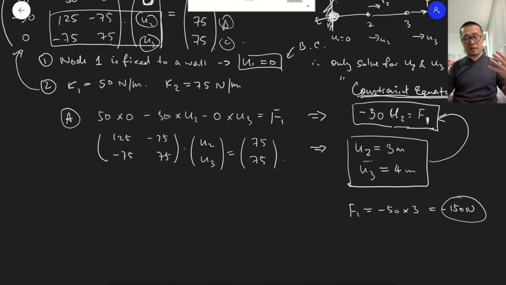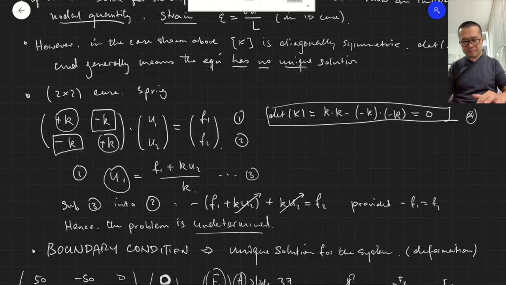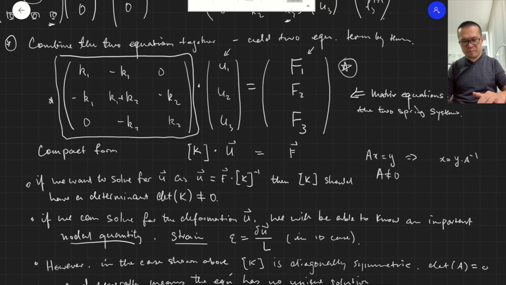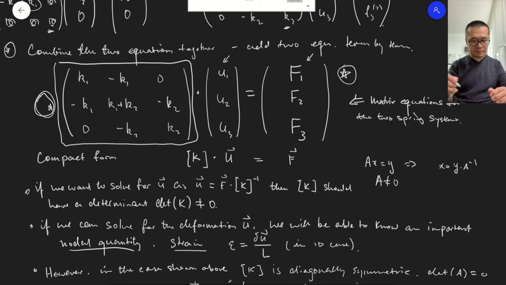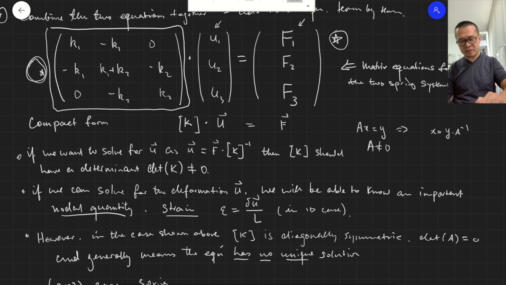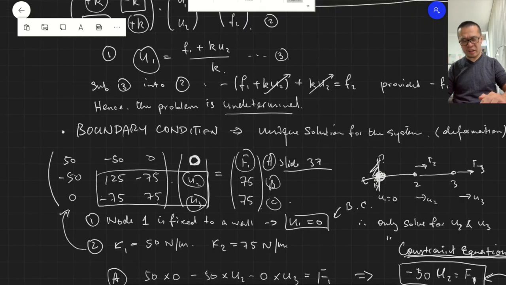And this is what typically happens in a real application, right? So we first set up the whole system by breaking it down into individual elements. So we have these general equations that describe the behavior of the system under external loading, which generally do not have a unique solution because of the singular stiffness matrix presented here.